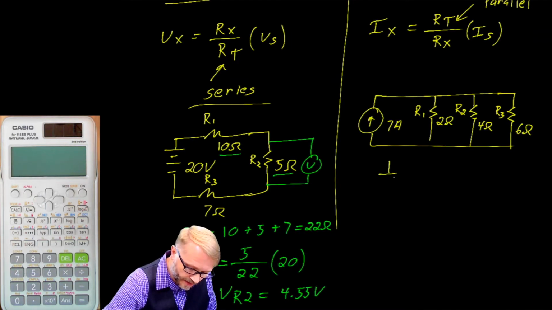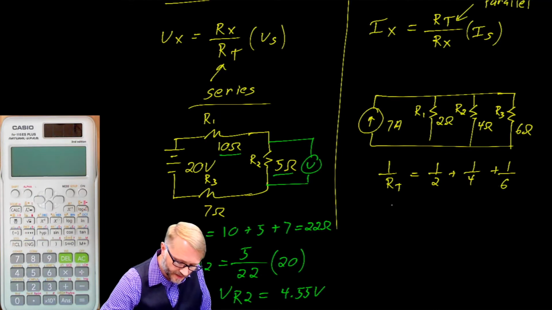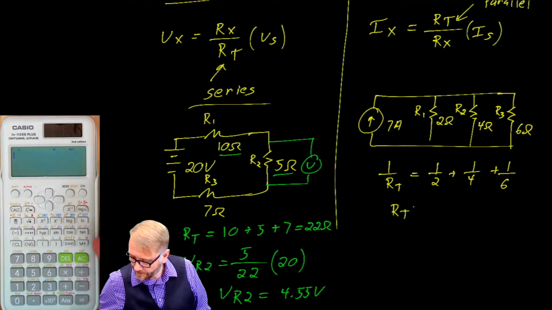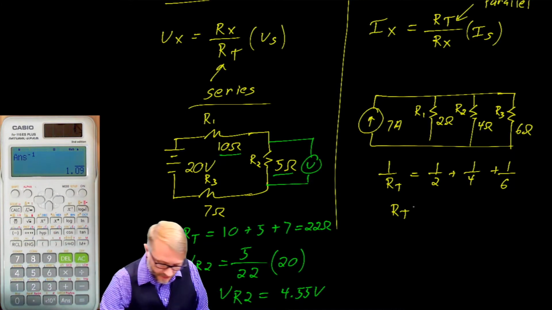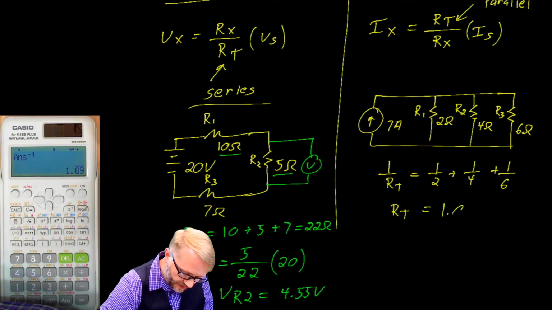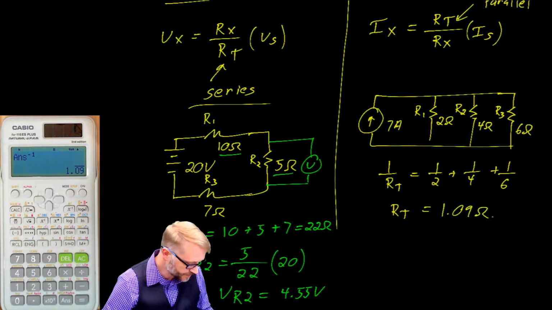The total parallel resistance is 1 over 2 plus 1 over 4 plus 1 over 6. If you work that through your calculator, that's 2 inverse plus 4 inverse plus 6 inverse equals, and then you invert that result. So it's about 1.09 ohms.